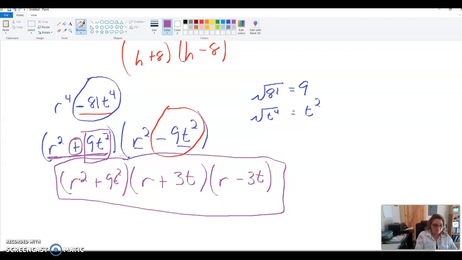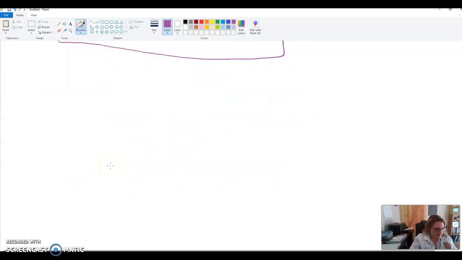Okay. Let's go ahead and take a look at another example, shall we? So let's just do this where we have a squared minus 4 over 49. So we have a fraction thrown in there, but that's no problem because we know how to work with fractions. We know that we have a negative number here.